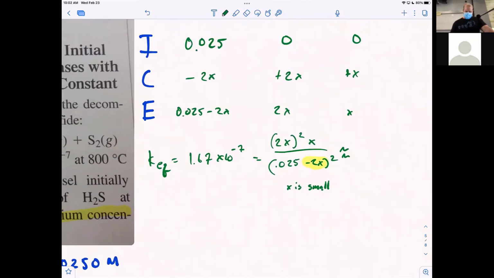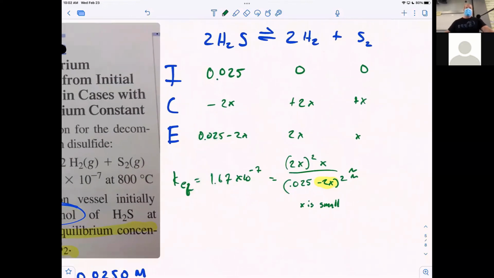Remember, 10⁻⁷ is one ten-millionth. That means this reaction goes forward by a factor of about one ten-millionth. Compare that to 0.025. What I'm saying is this reaction doesn't go forward very far. So we can say this is approximately equal to 4x cubed all over 0.025.